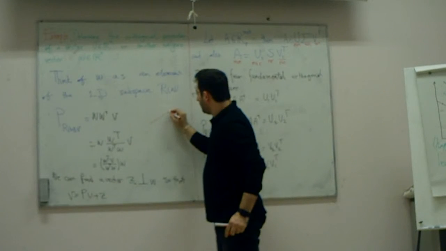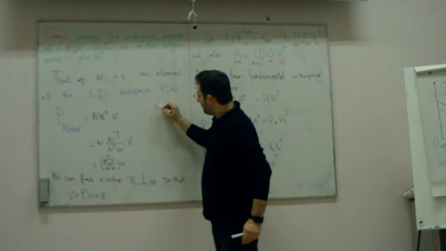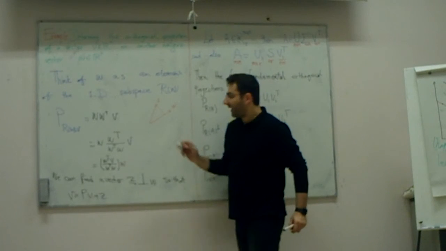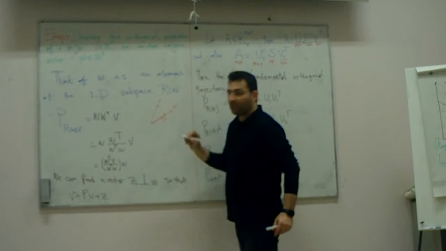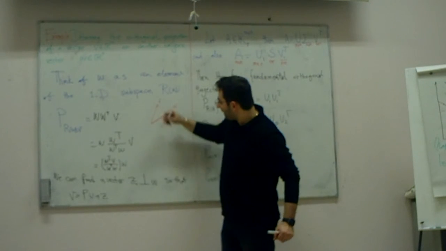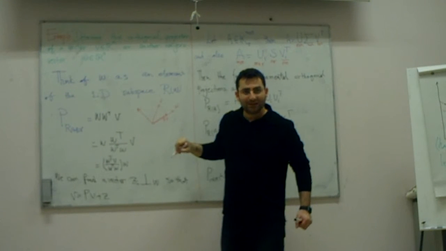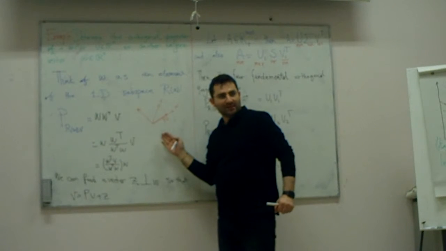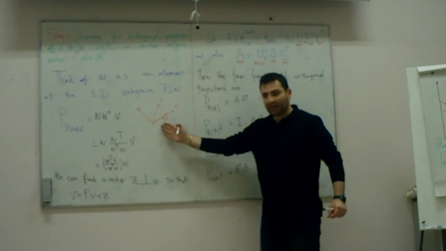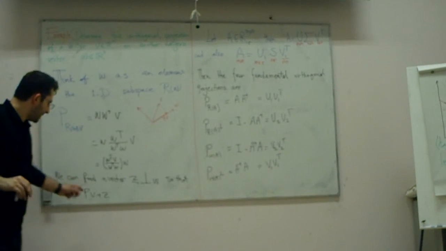I have W and I have V. I find the projection of V on W. What is this one? PV, right? I can define Z, which can be like this. This can be my x-axis, now this can be my y-axis, isn't it? And any vector can be written as its x component plus the y component. So this is what it says.